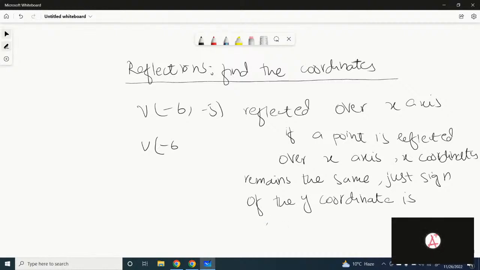Like for this one, it would be negative 5, so now the changed one is negative 6 and 5. Got it? That is if the point is reflected over the x-axis.